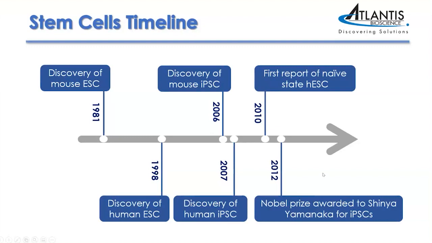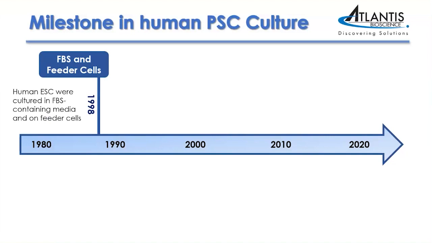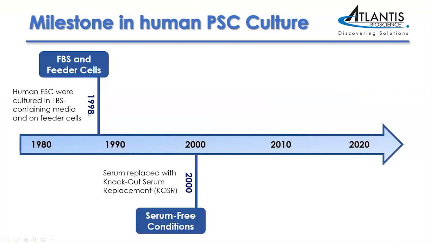Growth medium development for human pluripotent stem cell culture is one of the most critical components of human pluripotent stem cell maintenance. The first generation of human embryonic stem cell medium commonly contained FBS, fetal bovine serum, and the use of feeder cells, known as mouse embryonic fibroblasts, MEF. However, this poses major obstacles, such as the undefined composition of the serum and also the secretions from the feeder cells.